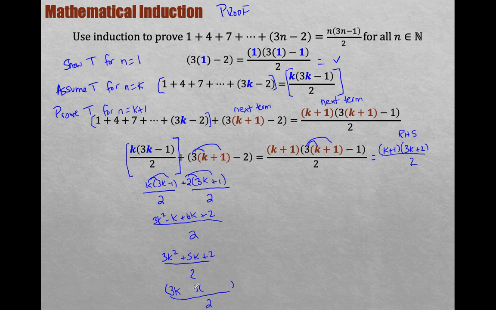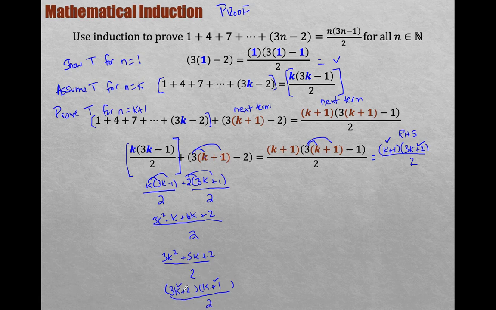So do you see why it's important to be able to factor and factor quickly? Now, I'm going to guess, since this is what I really want, right? I want a k plus 1 and a 3k plus 2. So I have a k plus 1 and a 3k plus 2. I'm going to guess that that's what it is and then verify. Is it true that these two factors equal my numerator? And if it doesn't, I'm going to go back and see where I made a mistake somewhere. Because these proofs are going to work out.